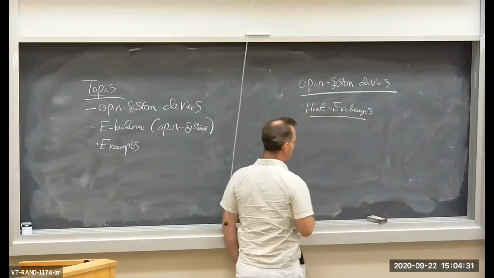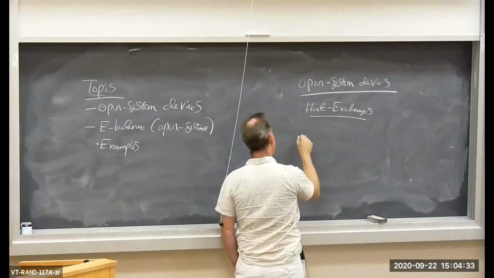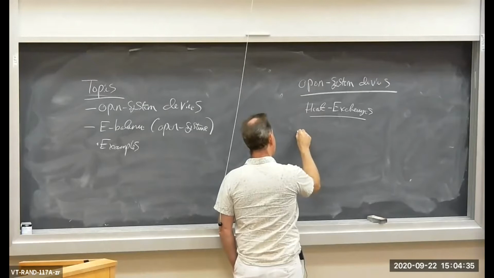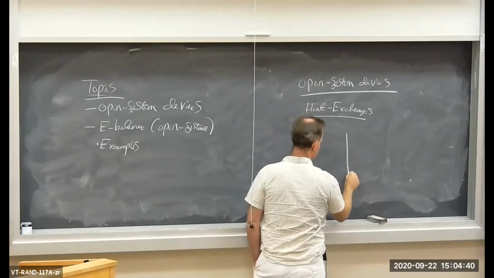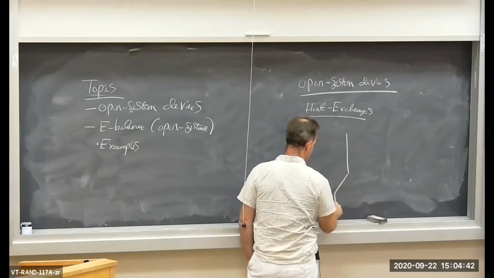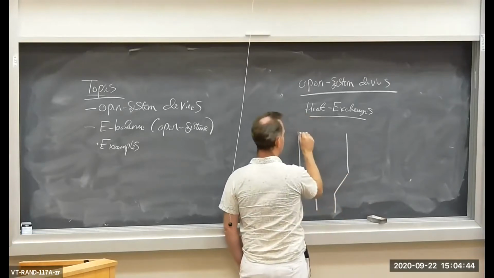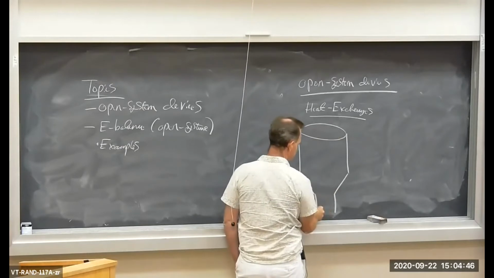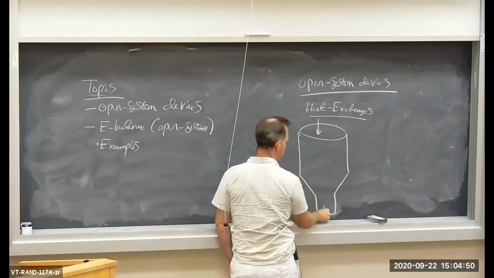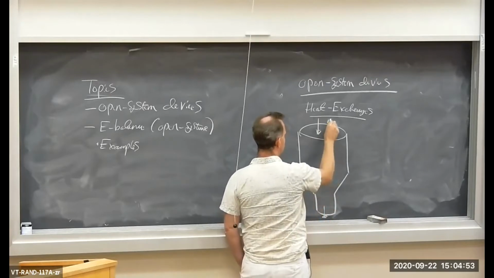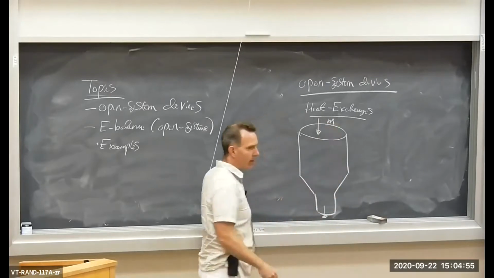So let's say we have a device that looks like the following. So we have a pipe here, and we have some sort of fluid moving in and out. So we have an M dot there, okay?